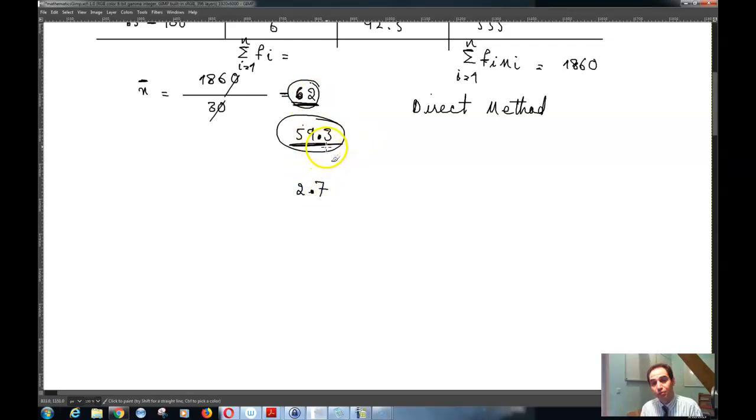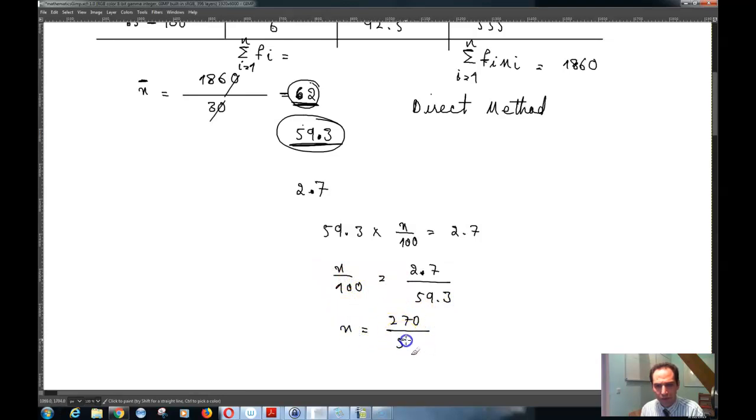If you calculate 59.3 times x% is equal to 2.7, you will get x divided by 100 is equal to 2.7 divided by 59.3, and then multiplying by 100, you get x is equal to 270 by 590, which is 270 divided by 590, which is around 0.46% different from the actual value, not 4%, but 0.4% from the actual value.